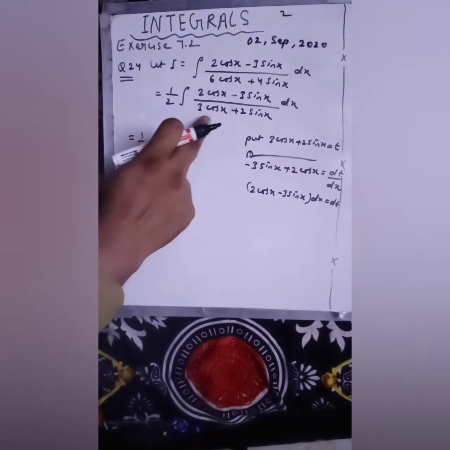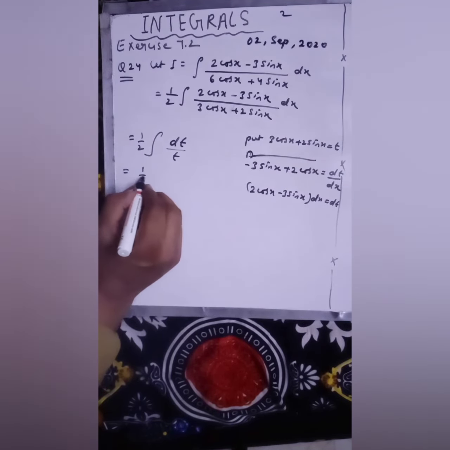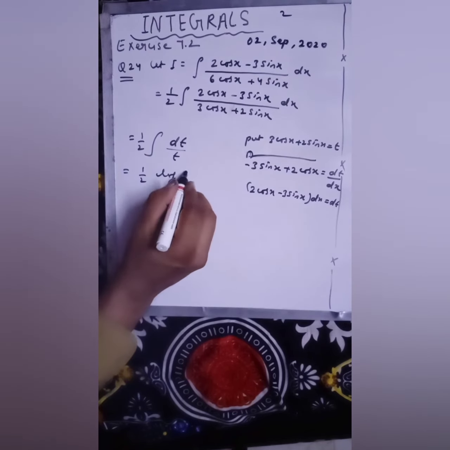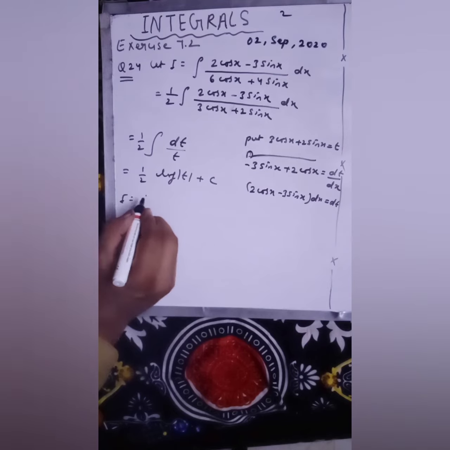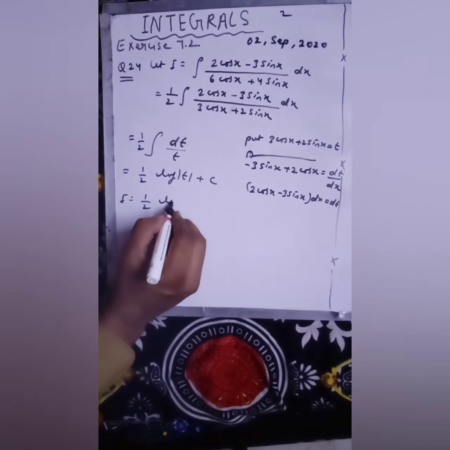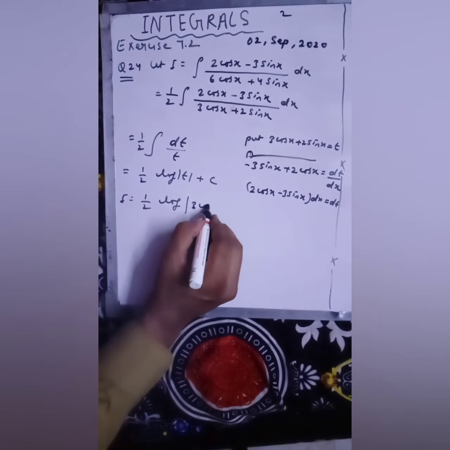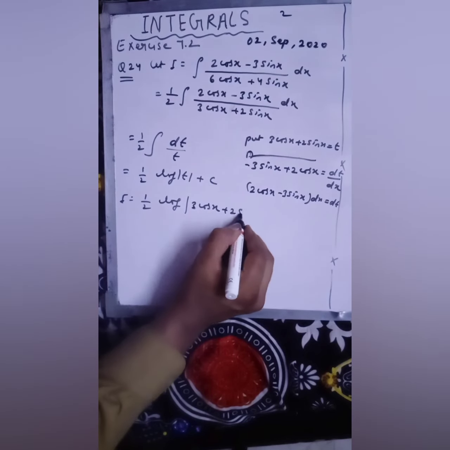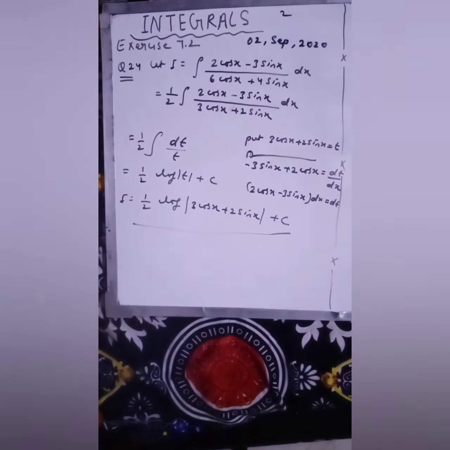The denominator part is t and the numerator part will be dt. So simply integrate it, you will get log t plus c, and your I would be equal to half log of (3 cos x plus 2 sin x) plus c. So this is the required integral of your question number 24.